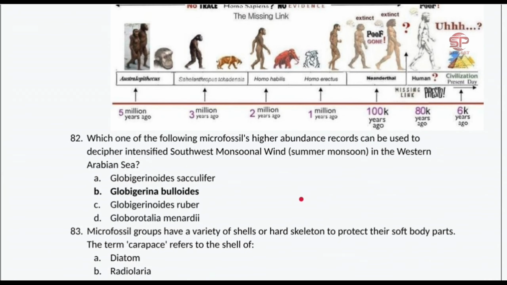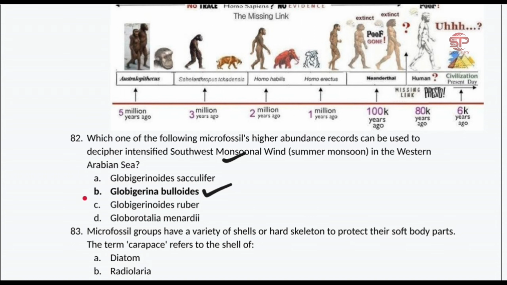Which of the following microfossils of higher abundance record can be used to decipher intensified southwest monsoon? The southwest monsoon wind also produces upwelling in the Arabian Sea, and these Globigerina bulloides are mostly found in colder regions or in intensely upwelling seas.